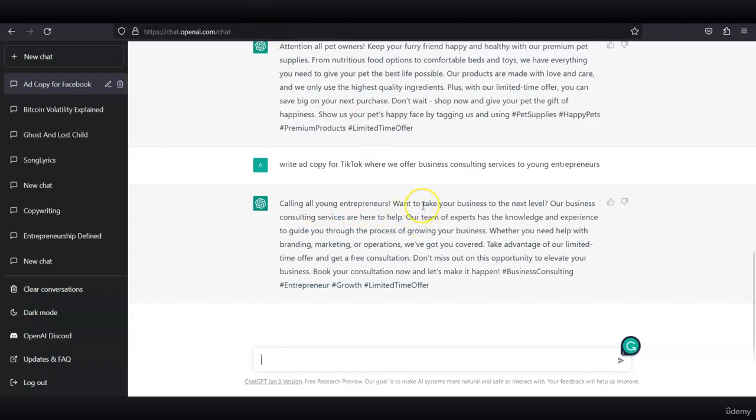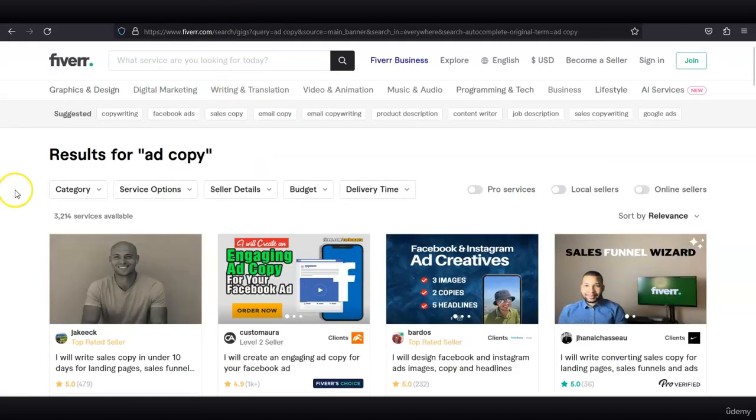Then it asks a question: do you want to take your business to the next level? Then the ad copy explains what we do and invites them to book their consultation call with us. If you don't like this, ChatGPT can always rewrite it with different wording or a little bit more optimized for SEO and for clicks.